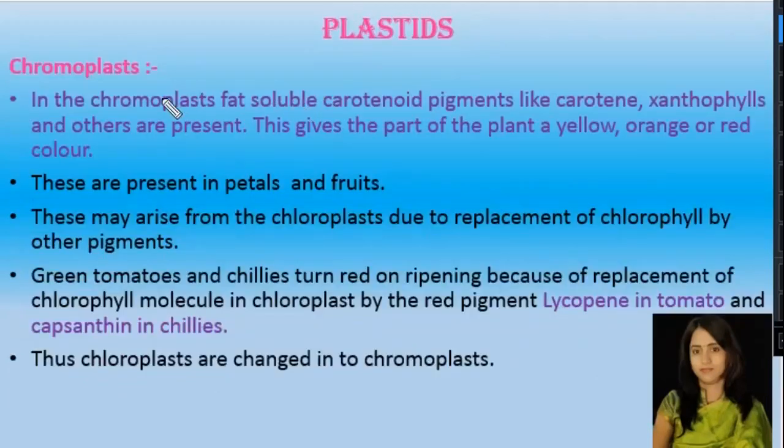As I already said, chromoplasts contain fat soluble pigments like carotenes and xanthophylls and some other pigments. Now these pigments impart different colors like yellow, orange or red to the plant parts where they are present. And these chromoplasts are present in petals and fruits. In addition to this, these chromoplasts may arise from chloroplasts due to replacement of chlorophyll by other pigments.